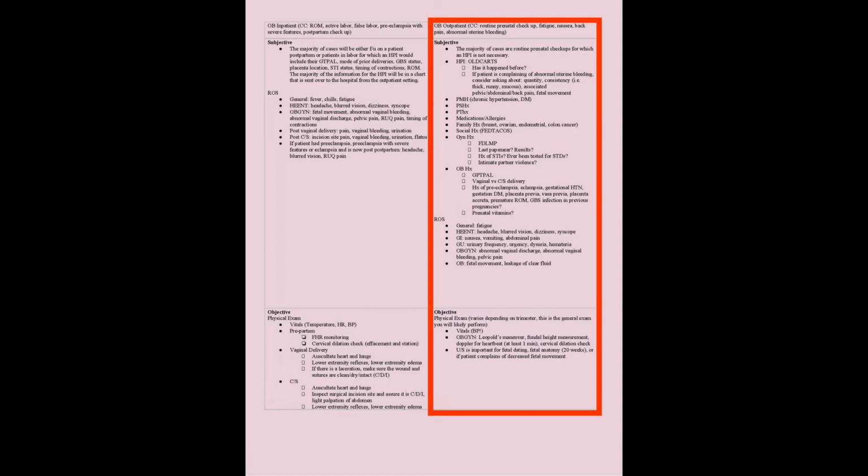For the physical exam, this is also very dependent on which trimester you're in, but what's always important is to do the vitals and check the blood pressure. That's super important in OB/GYN. For each visit, you'll likely be doing a Leopold's maneuver, which is just feeling for where the baby is lying within the uterus. You're going to do a fundal height measurement and Doppler for heartbeat.